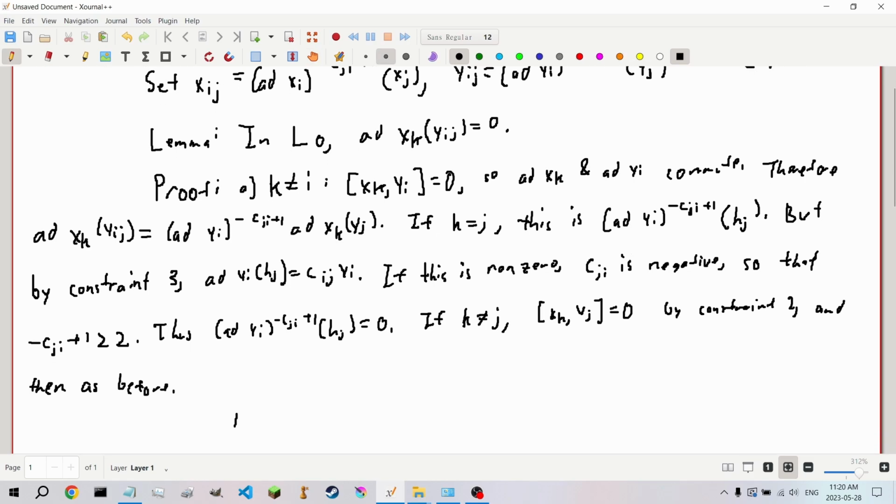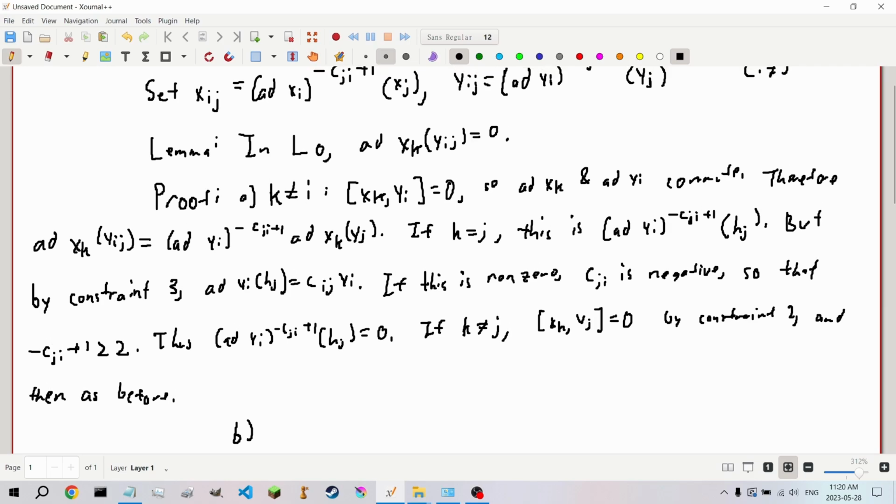The second case here though is when k is equal to i.